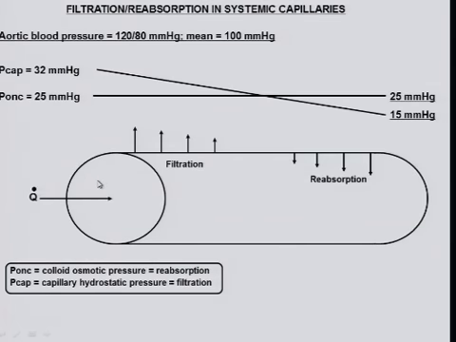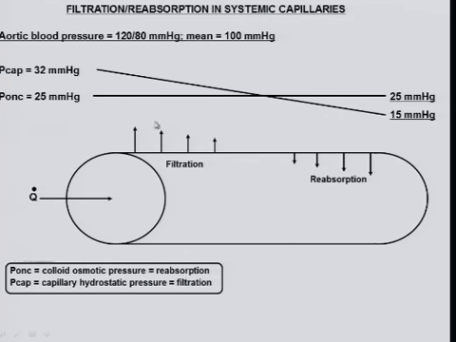So as you can see, if the pressure inside the systemic capillary is 32, the pressure outside is 25, what direction is the fluid going to go? It's going to, what we call filtration. It's going to filter through the vessel wall into the interstitium. So fluid's going to move from the vessel into the interstitium.